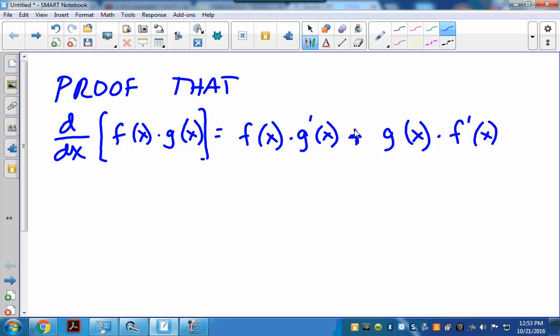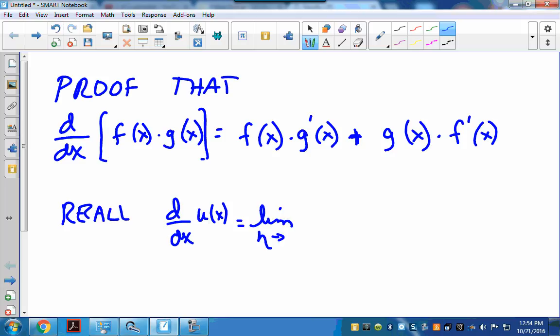So we need to recall that the derivative of a function, u, with respect to x, is defined as a limit as h goes to 0 of u of x plus h minus u of x, h on the bottom.